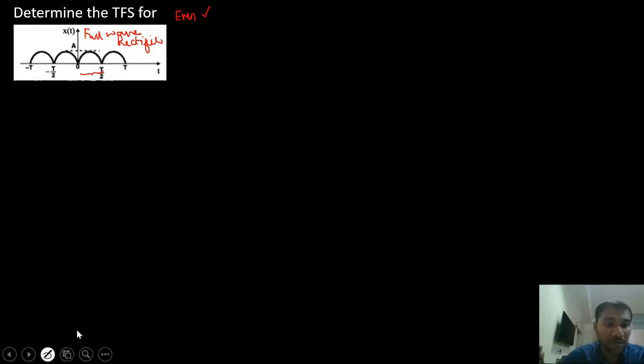Whatever is there at 0 comes at T by 4. So is this negative of x of t? This is not equal to minus of x of t. So it does not exhibit half wave symmetry. This is the only symmetry we have, even symmetry.